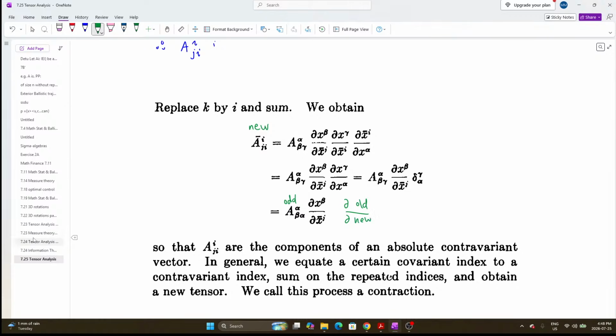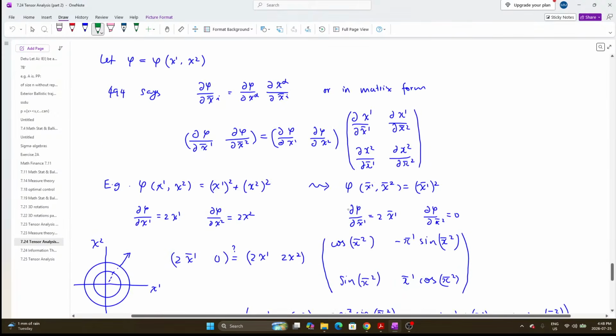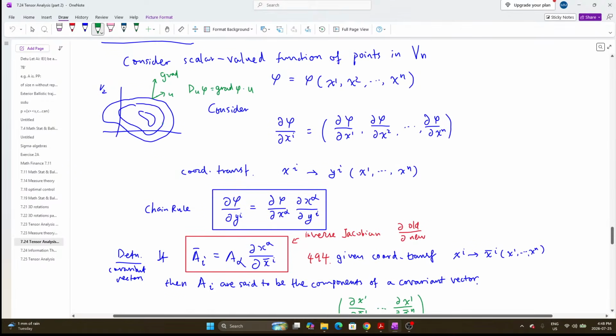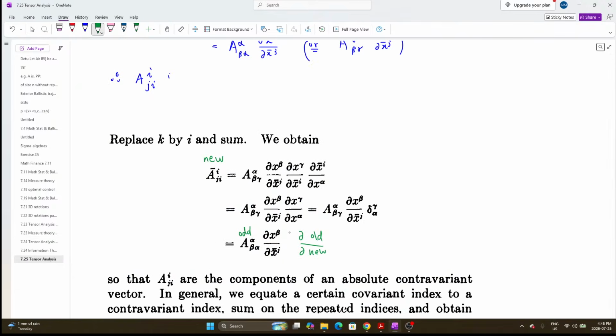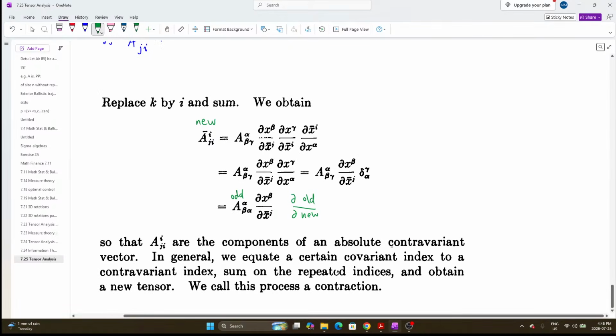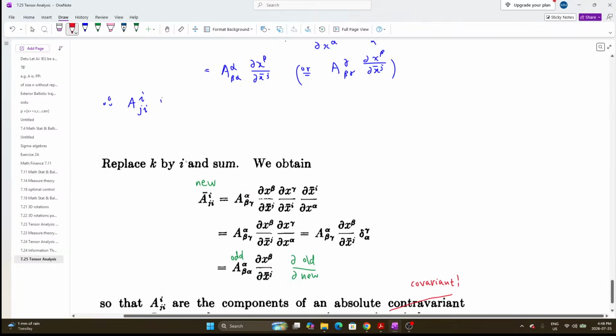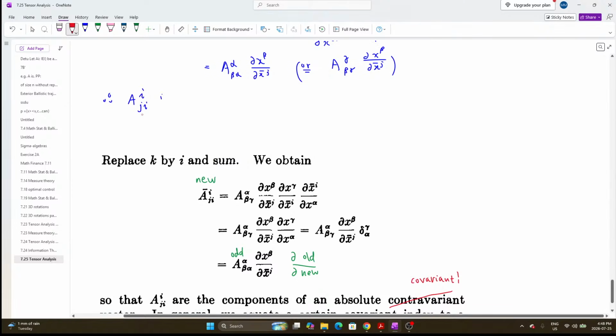And we said earlier, d old over d new is covariant with a downstairs index. So I'm pretty sure the textbook made a mistake here. This is not contravariant, this is covariant. Okay. So here, the textbook has a mistake.